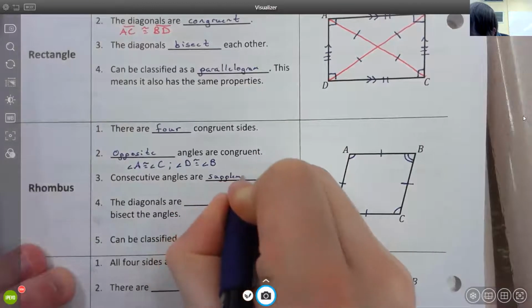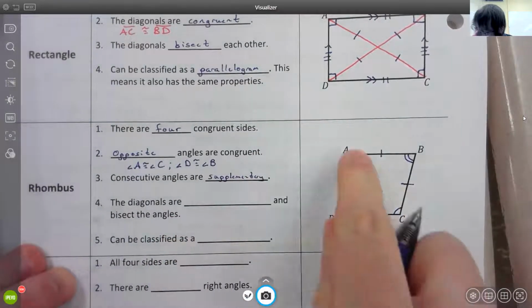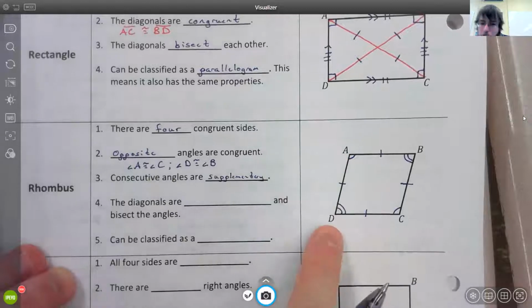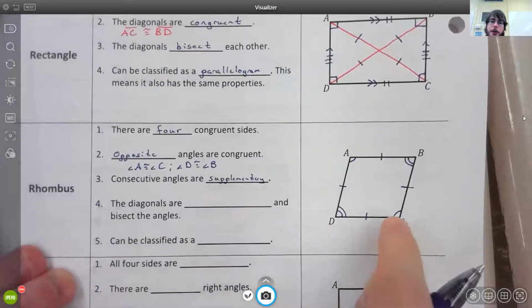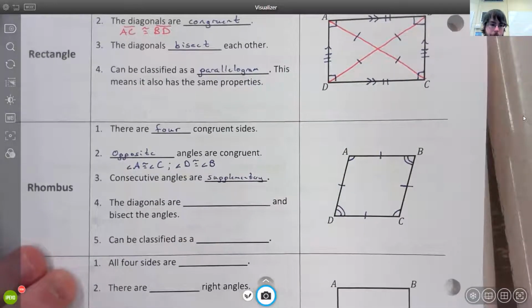So that would mean that A and D would be supplementary, D and C would be supplementary, C and B, and so on and so forth.